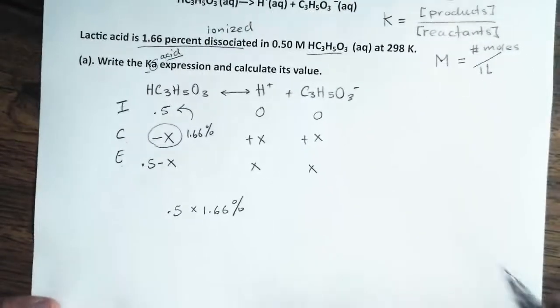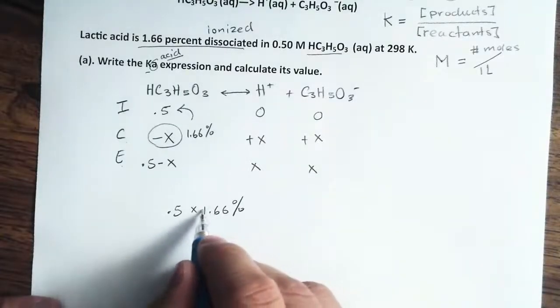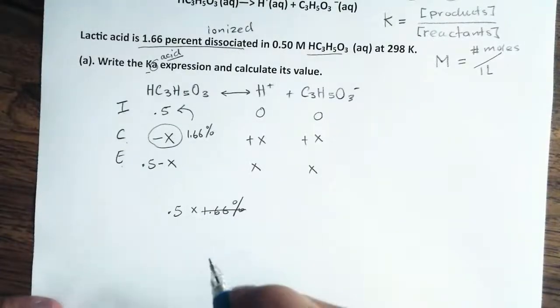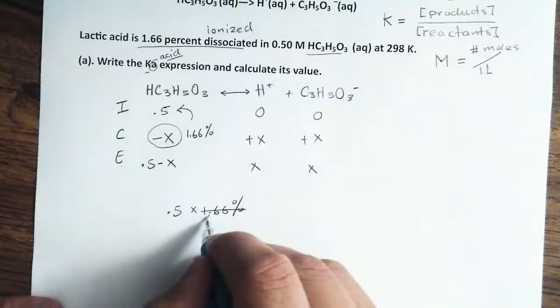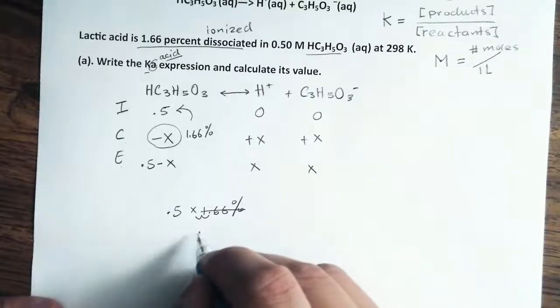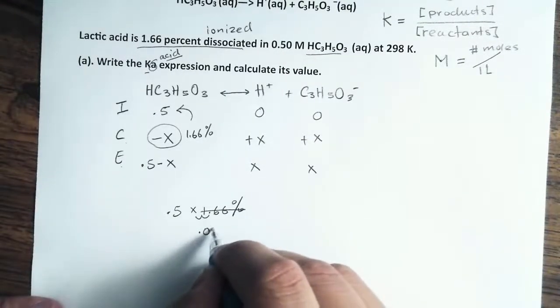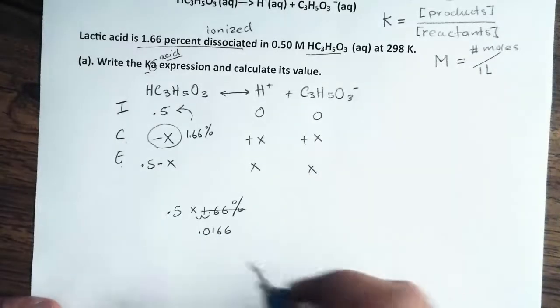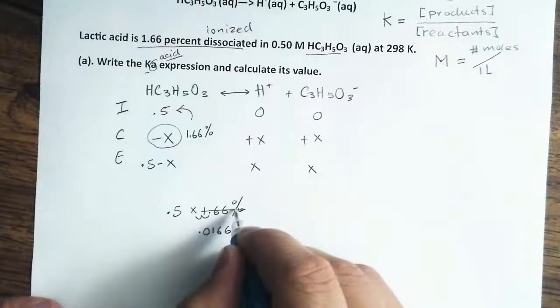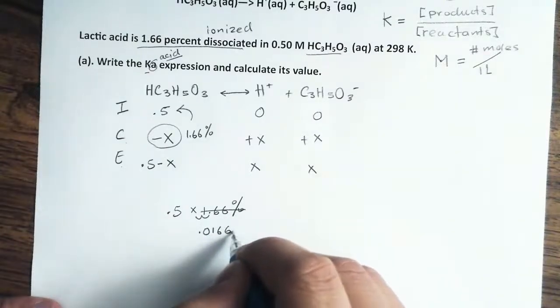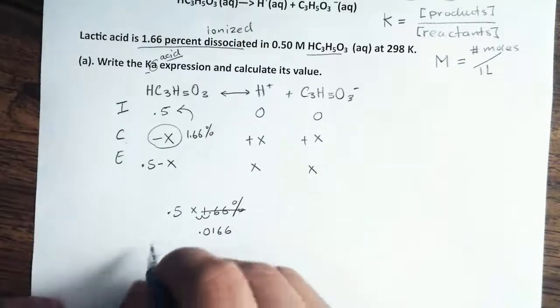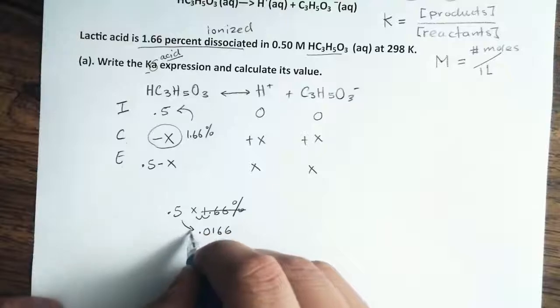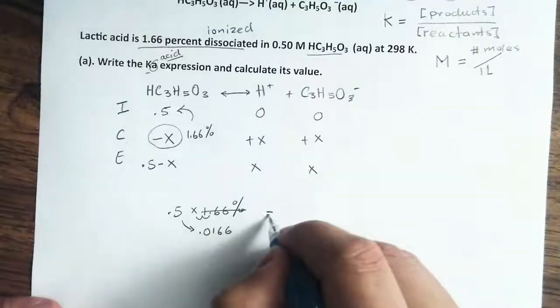But we never multiply the percent directly. We have to convert this to a decimal, and that of course would give us 0.016 in decimal form. This is the decimal form of the percent, and of course this is being multiplied to that. And what do we have?